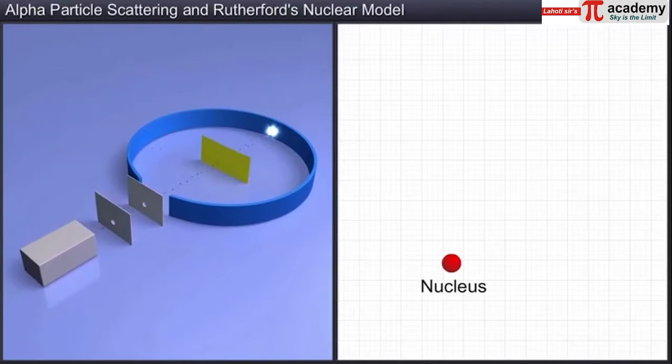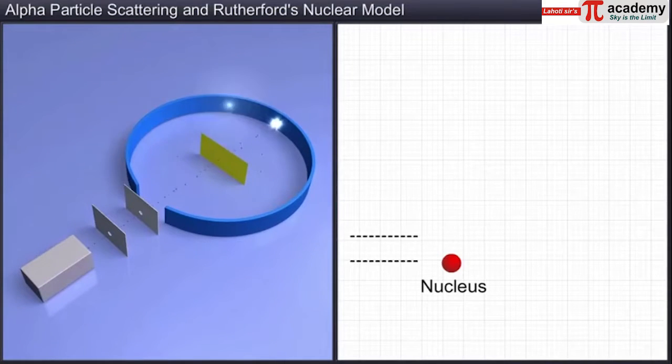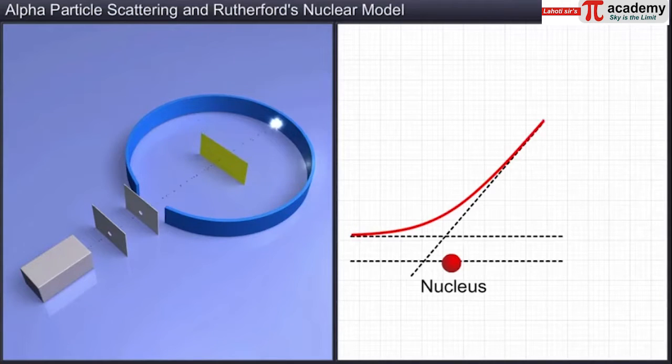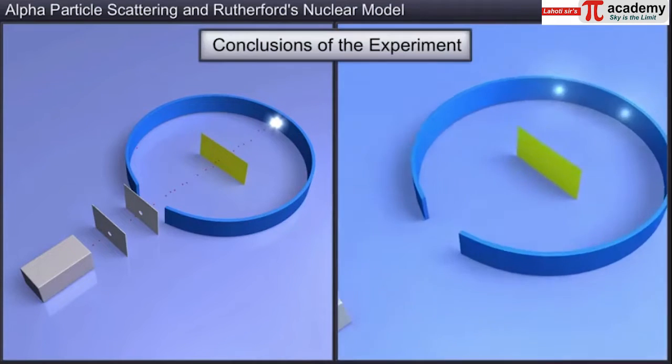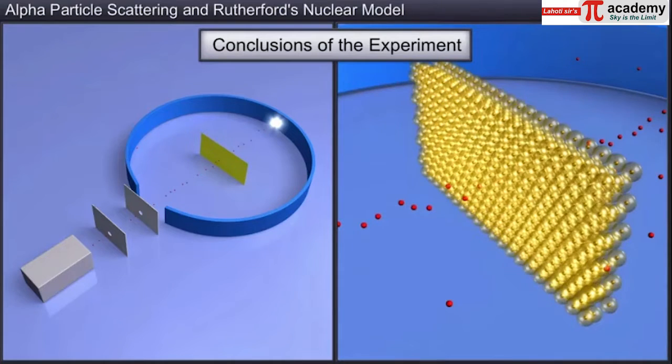Angle of scattering is defined as the angle between the path of incident particle on the gold foil and the path of the scattered particle away from the gold foil. A graph was plotted between the number of scattered particles detected on the y-axis and the scattering angle on the x-axis. Based on the data from the graph, Rutherford made the following conclusions.